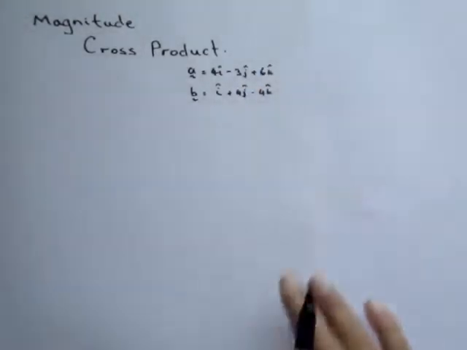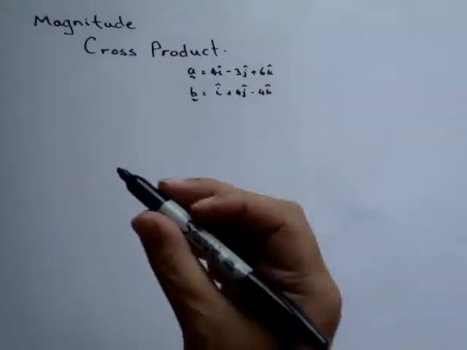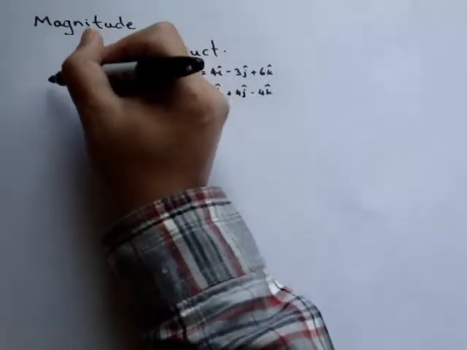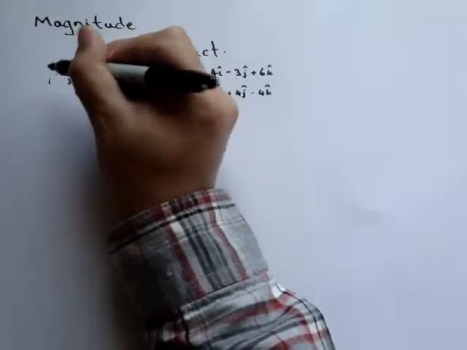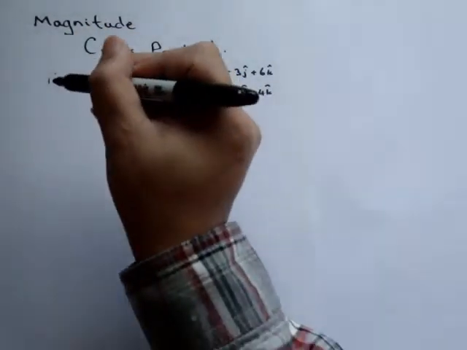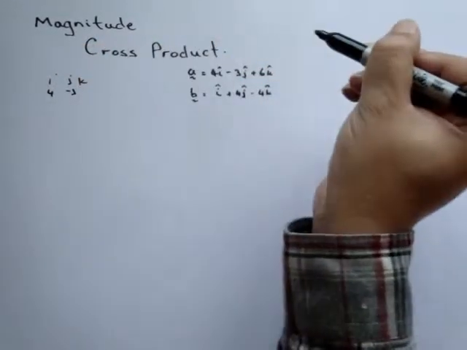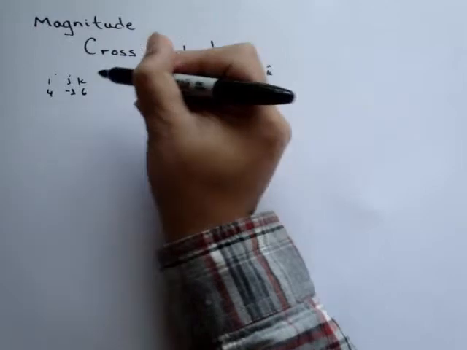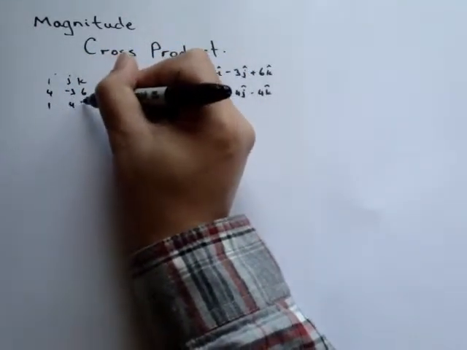Okay, we're going to discuss two methods of finding the magnitude of a cross product. So in the first, what we do is we make our 3 by 3 matrix. So we have our i, j, k, and then 4, minus 3, 6, and then 1, 4, minus 4.